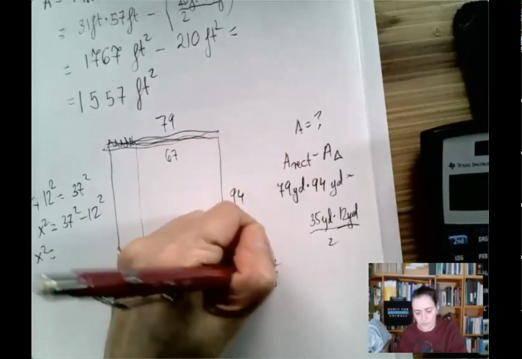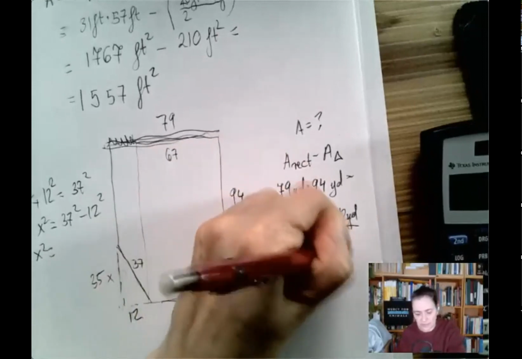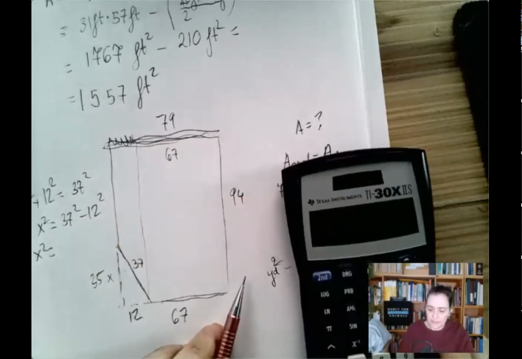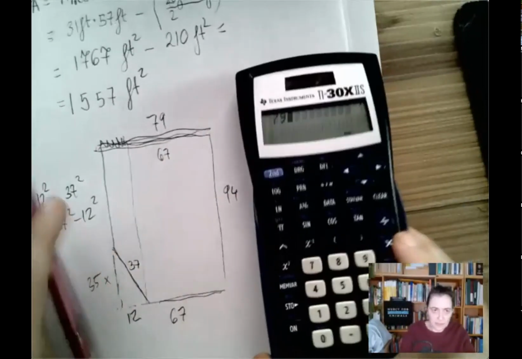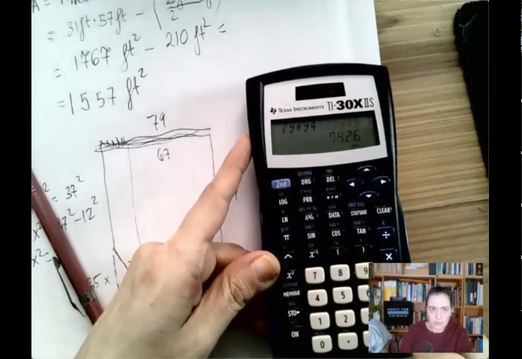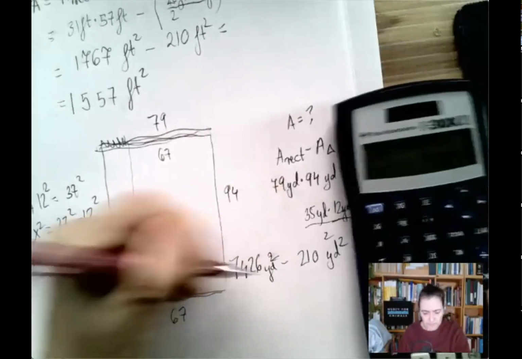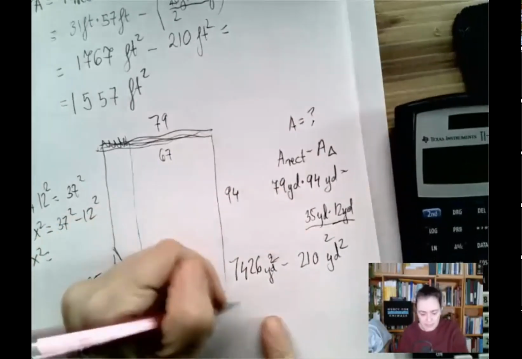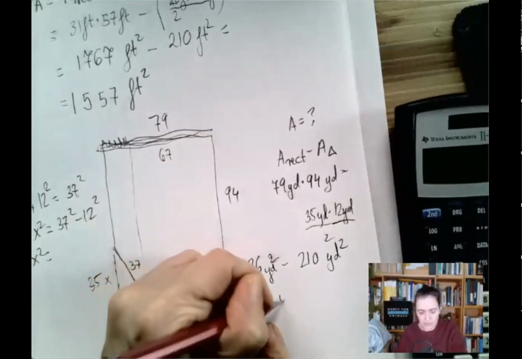So some yards squared minus 210 yards squared. 79 times 94. 79, that's a big number. 79 times 94 is 7426. And so that difference is 7,216 yards squared.